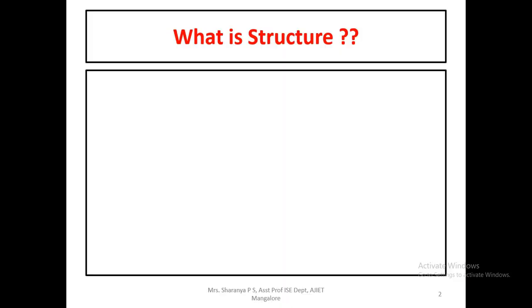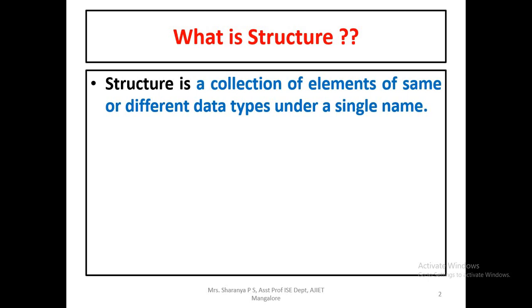What is a structure? A structure is a collection of elements of same or different data types under a single name. In the sense, in arrays, we could store the values or elements of the same data type, or homogeneous data types. Like if I want to store the names, all the values are of character data type.